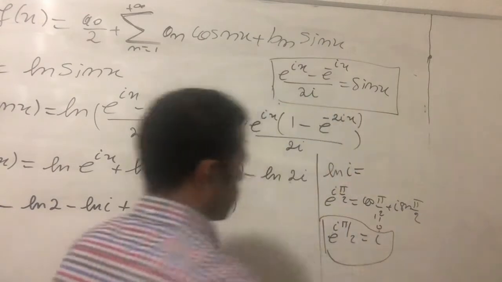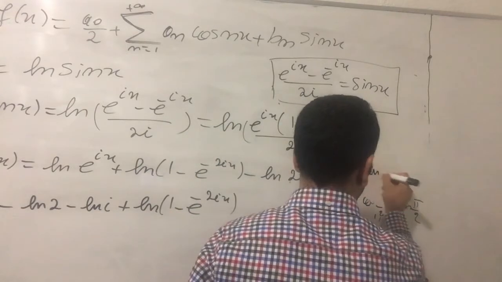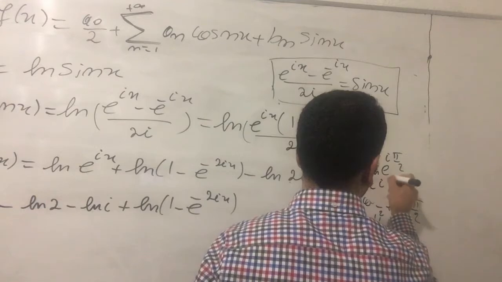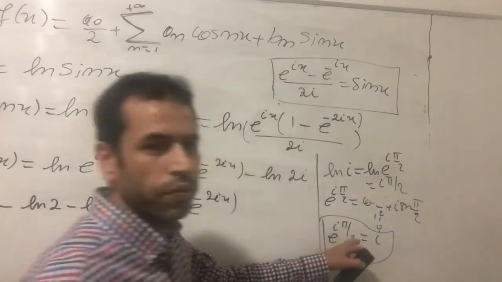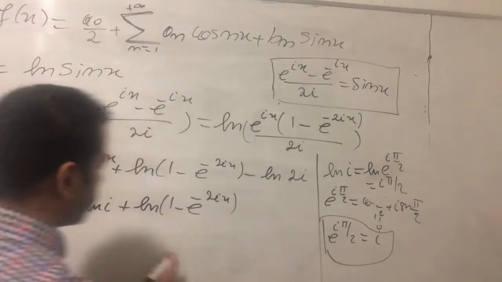So e to the i pi over 2 equals i, which means natural log of e to the i pi over 2 is i pi over 2. I'm going to replace this term by i pi over 2.